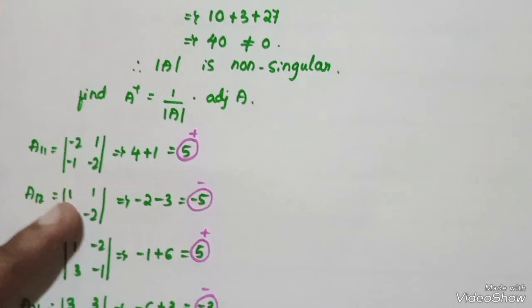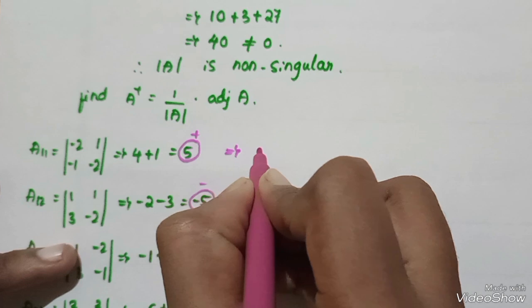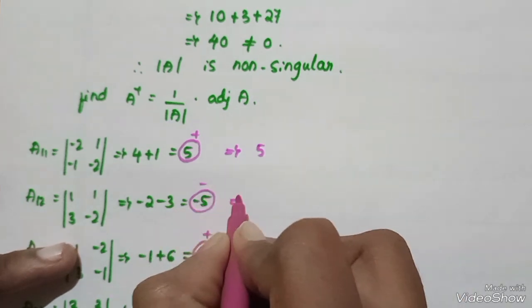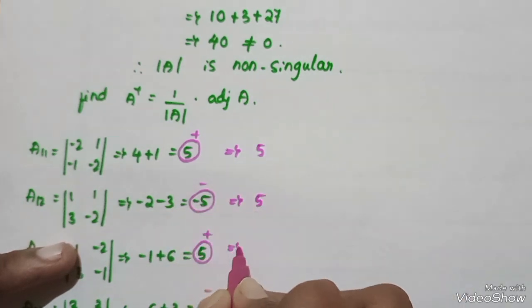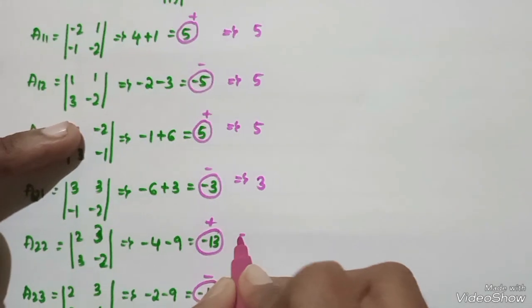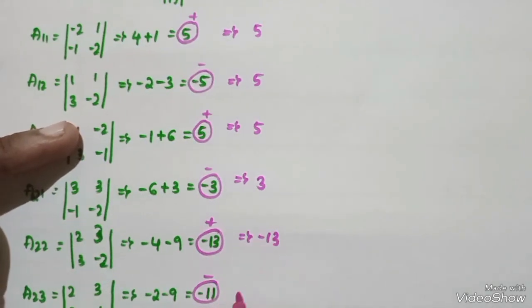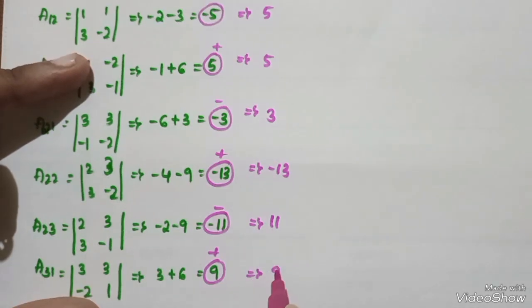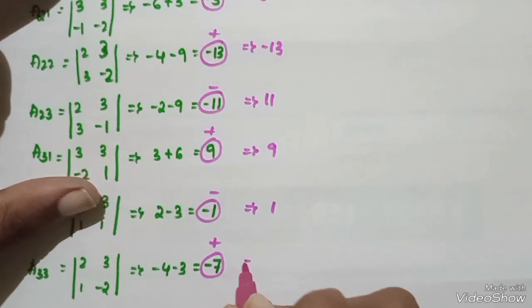We get the cofactors, that is 5, 5, 5, plus 3, here minus 13, plus 11, plus 9, plus 1, and finally minus 7.